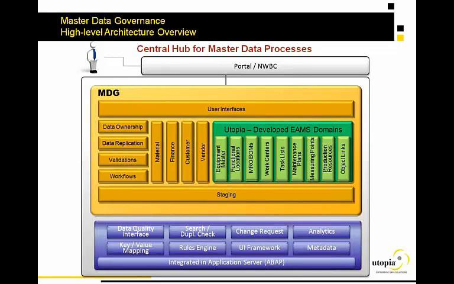To discuss the rest of the picture, you see again the orange vertical bars: material, finance, customer, and vendor are the 4 SAP out-of-the-box domains. Utopia is building out the green suite, and they will work and act and feel exactly like other SAP domains.